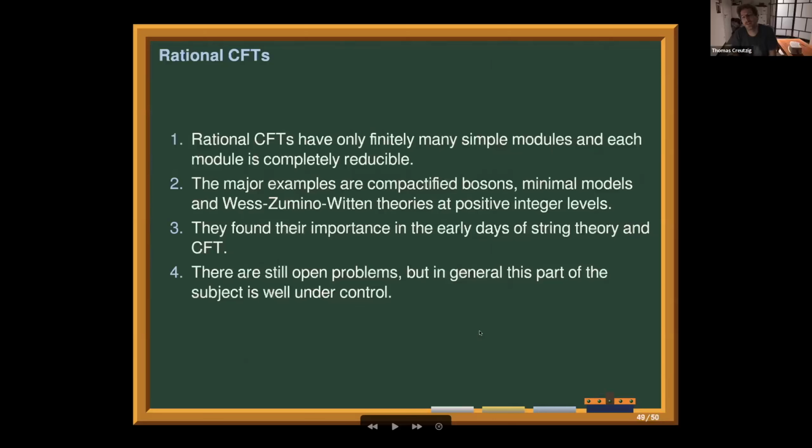Now, I imagine that you have seen a few examples of rational conformal field theories, for example, compactified bosons, the Virasoro minimal models, and Wess-Zumino-Witten theories at positive integer level. So maybe you have seen the SL2 or SU2 Wess-Zumino-Witten model, for example. And if you look at the early literature, the first 20 or 30 years of conformal field theory were almost exclusively about rational conformal field theories.